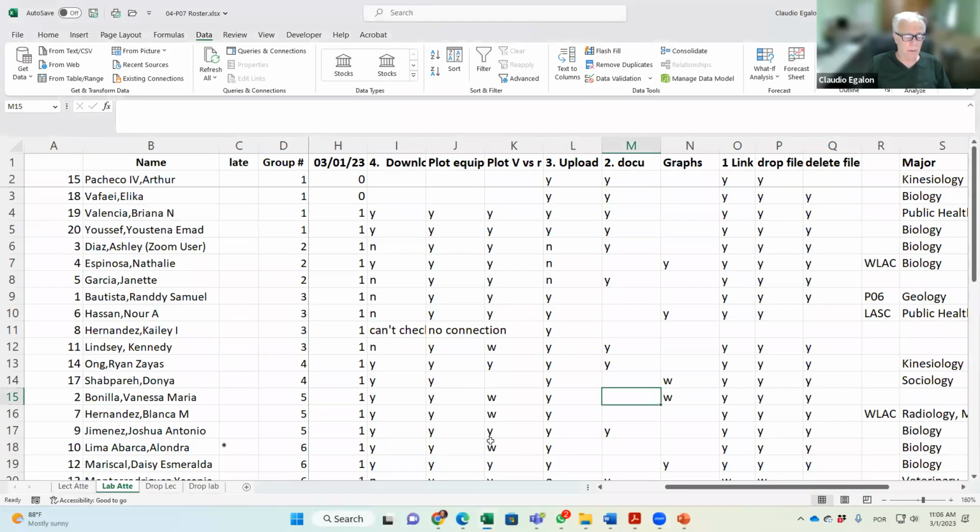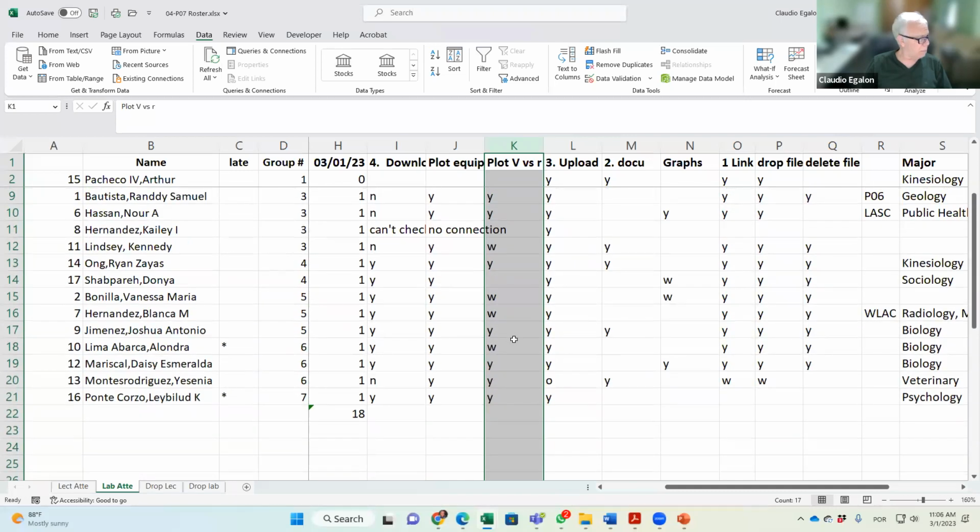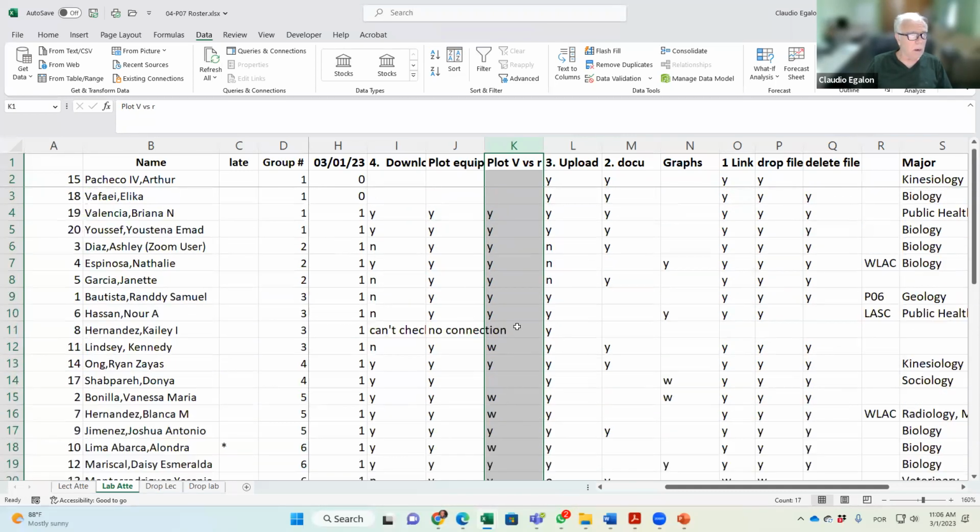B versus R. Okay, most of you finished the second plot, just a few of you didn't. Did you finish the second plot, Kennedy?